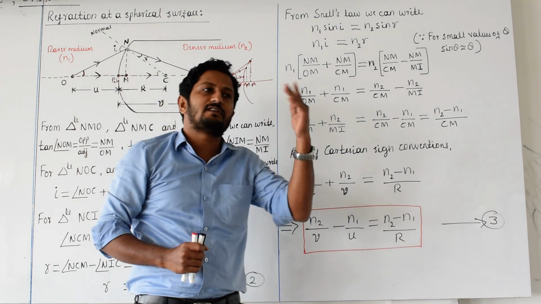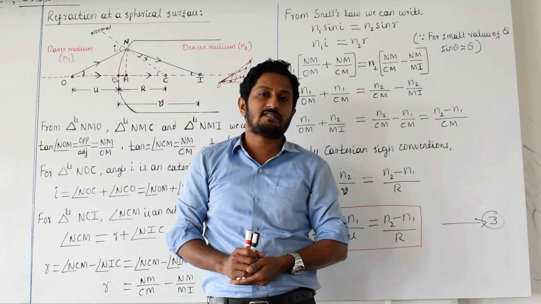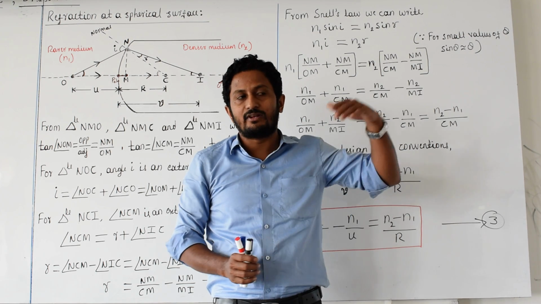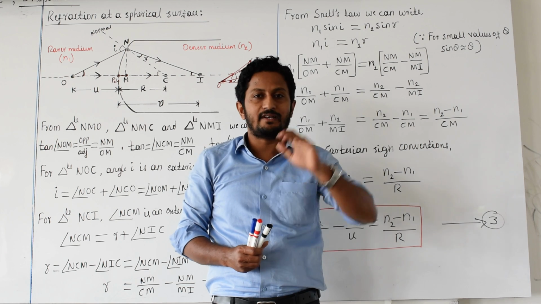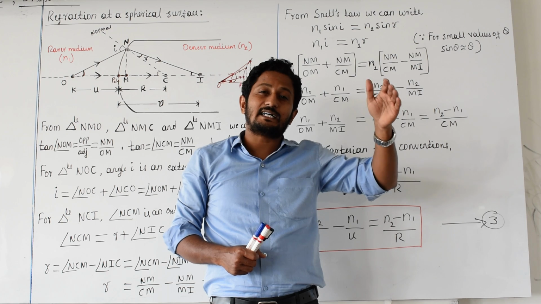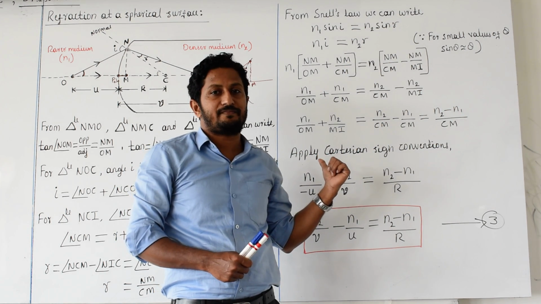Okay, further, as we move on, we will get to lenses, and we will see their different types, and we will go for the lens maker's formula. We'll be deriving one equation there. While deriving that equation, we will be using this equation.